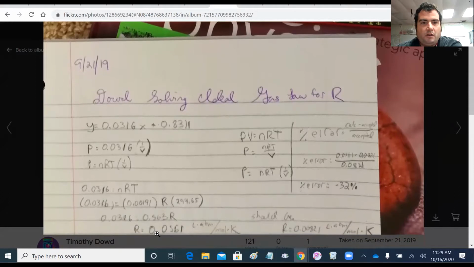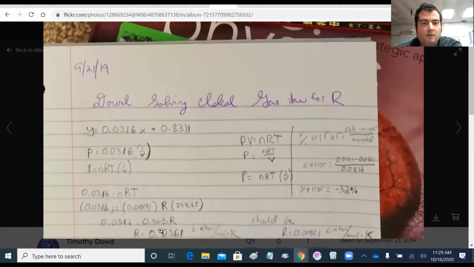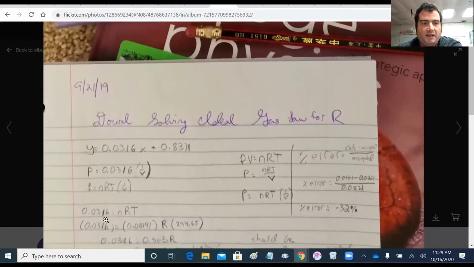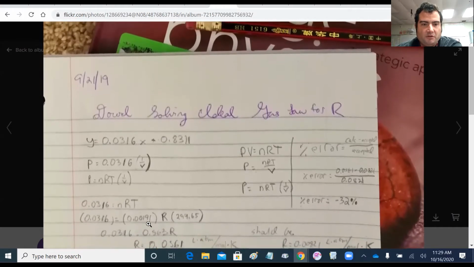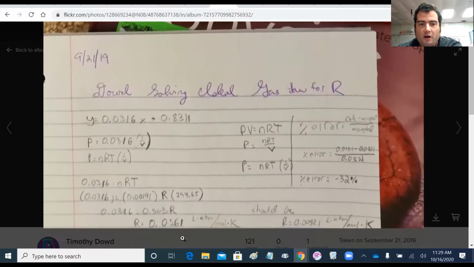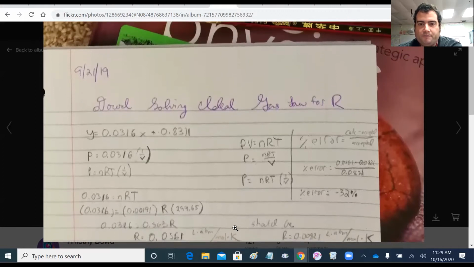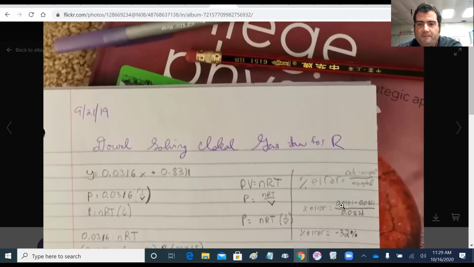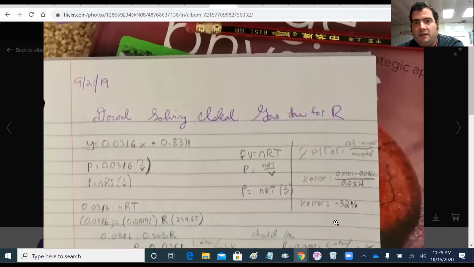I will set the slope of the line equal to moles of gas times R times the temperature that day, and I get a value for R, which is 0.0561. The percent error there is about 32%. It's not a well carried out experiment.